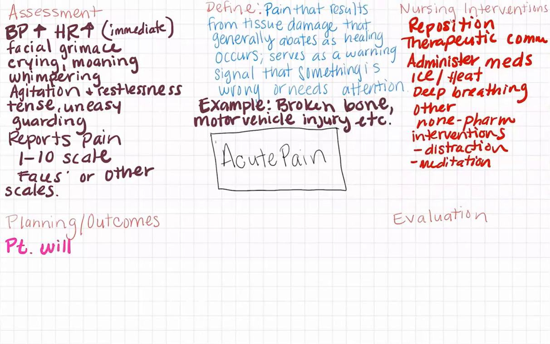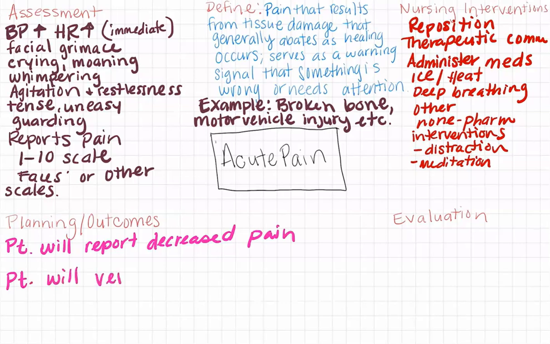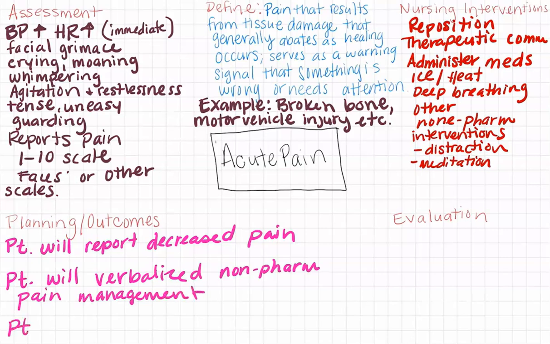So, what are some goals that you might have for your patient? This will be depending on the type of pain, but you'll get the idea. So, patient will report decreased pain. Patient will verbalize non-pharmacological interventions. Patient will report pain.